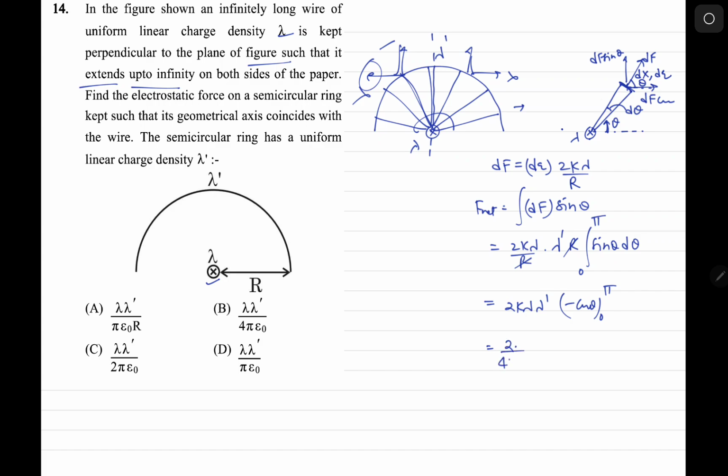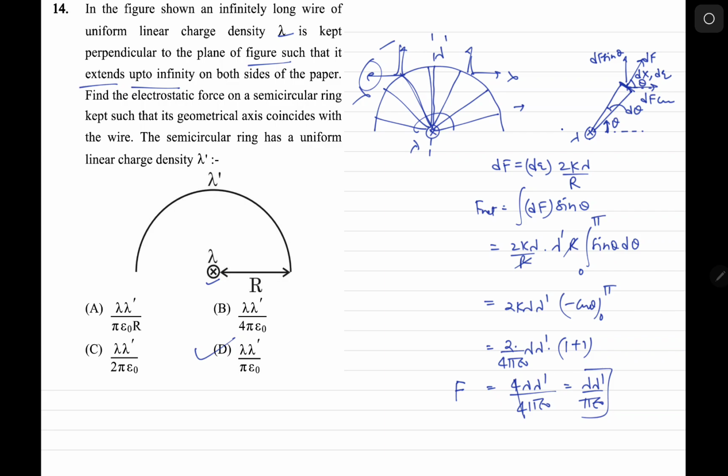Putting k as 1 by 4 pi epsilon naught, the integral comes to 1 plus 1, which is 2. So 2 into 2 is 4 lambda lambda dash by 4 pi epsilon naught. The 4 cancels, and what is left is lambda lambda dash by pi epsilon naught. This is the force on the semicircular ring from the wire. So option D is correct.